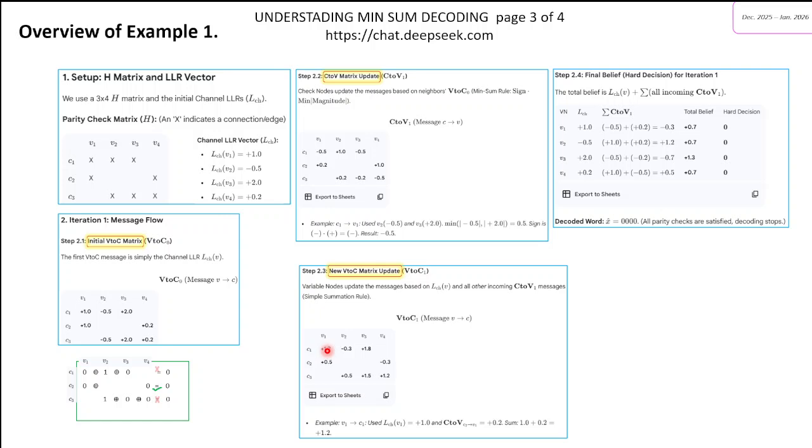We will have the LLR added with the value which is here in the C2V matrix. So this position, if you want to update, we have the initial LLR, the initial matrix value, plus the value which is here. No value here, so 0, and plus 0.2 here. So this is added to this and we update it in the V2C matrix.